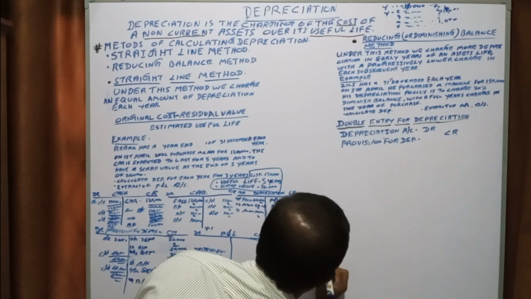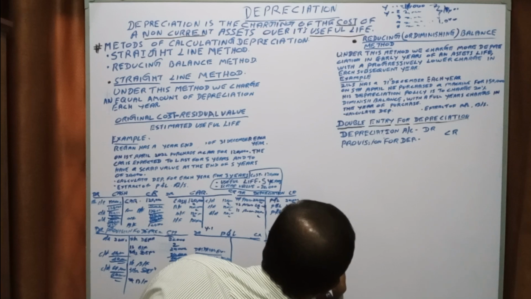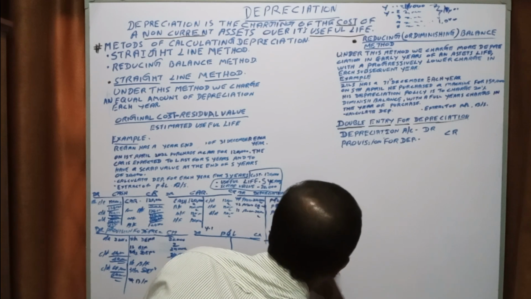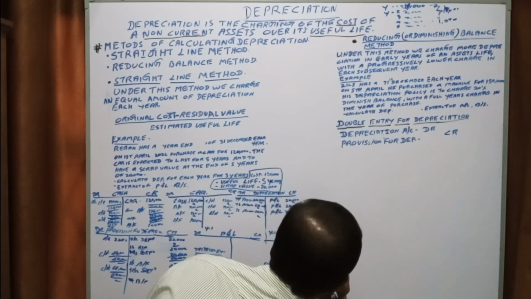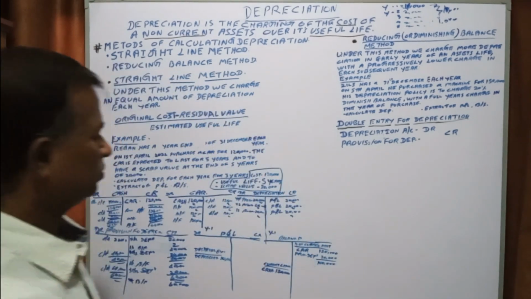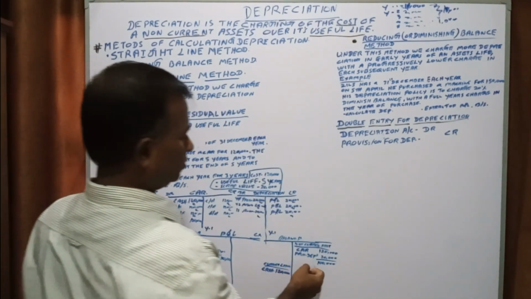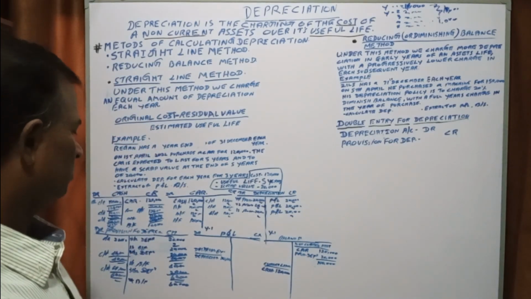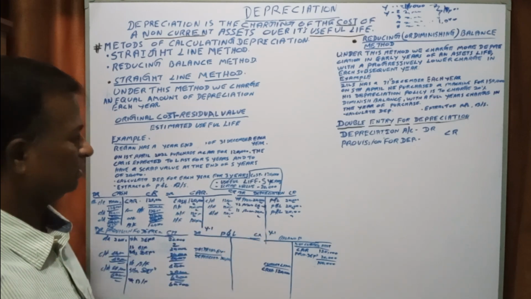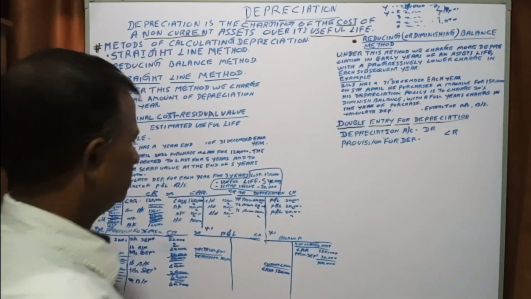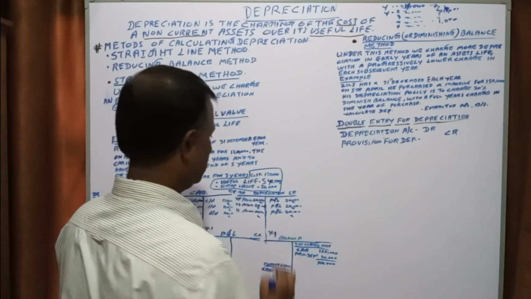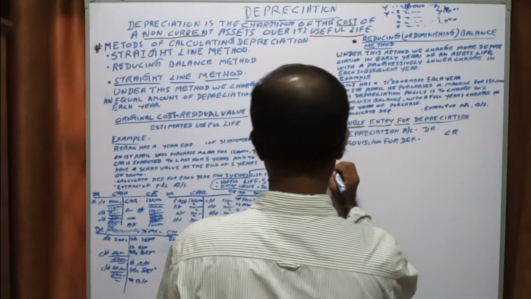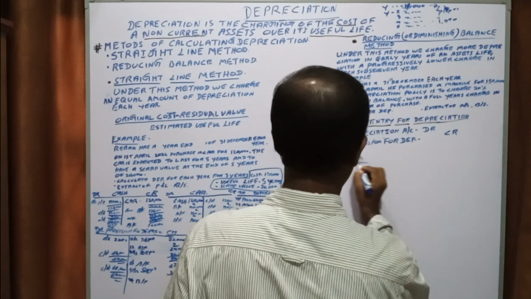So the net value of the car in the balance sheet is 100,000, because there is a depreciation of 20,000. This is the P&L and balance sheet for year 1.